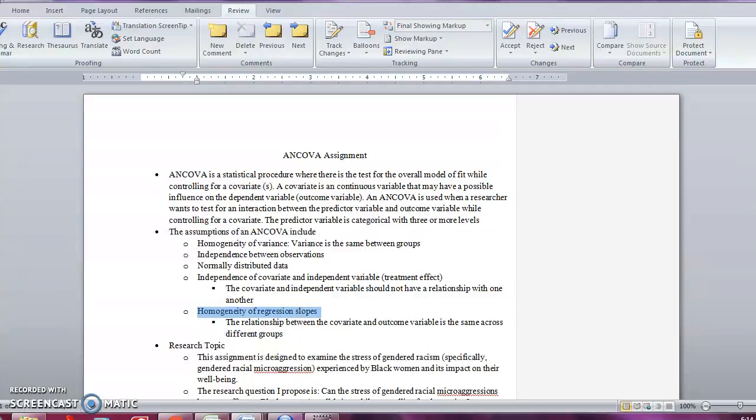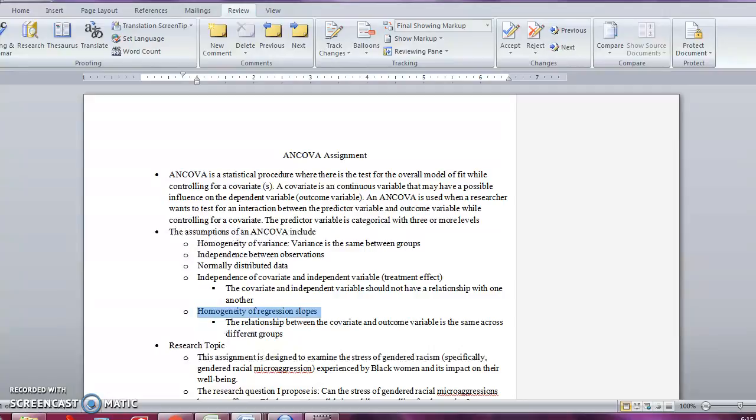You wouldn't want a covariate that has a relationship with the independent variable, because that means there is an account from both variables, and that's completely the opposite of what we want. We test for this specific assumption using a t-test or an ANOVA.